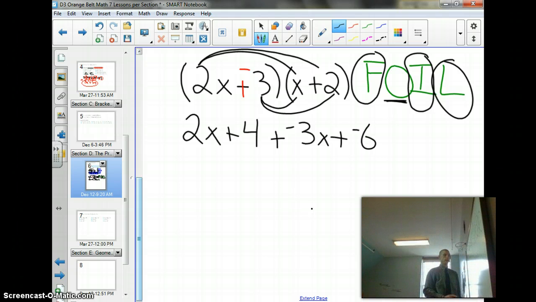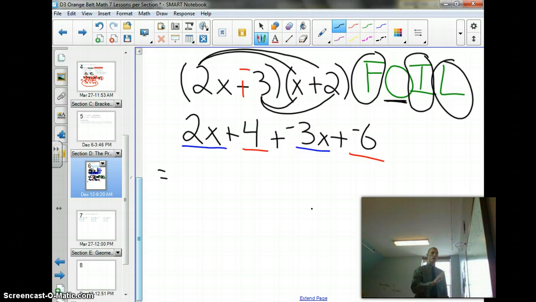All right? And now we can do something with this. Because we always expand and we simplify. So we can simplify here. If you look, I have x's and more x's, and I have a constant and another constant.